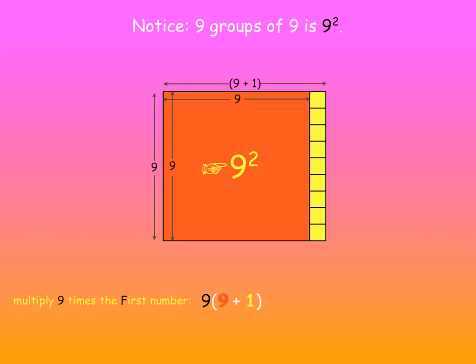So now let's multiply 9 times the first number, but instead of saying 9 times 9 is 81, we'll say 9 times 9 is 9 squared. And then multiply 9 times the last number, that's 9. Add them, 9 squared plus 9 equals 90.